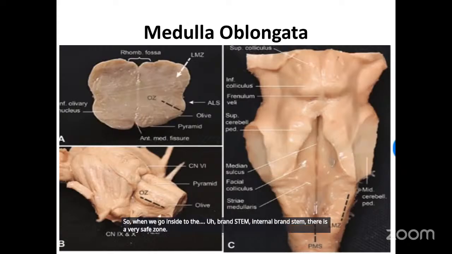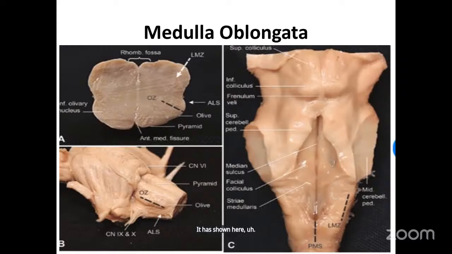It has been shown here, denoted, and the literature says that we choose the sulcus area, the sulcus, not either side. When we see the medulla oblongata, we know that there are two sulci. One is the anterior one, that is the anterior median fissure, and one is the posterior one, that is called the posterior median fissure.